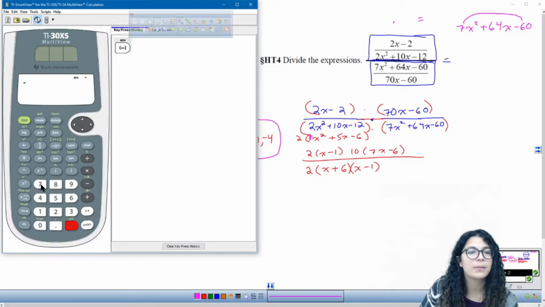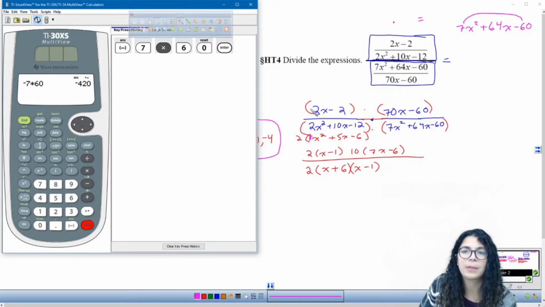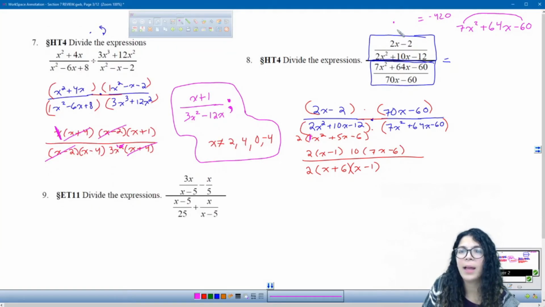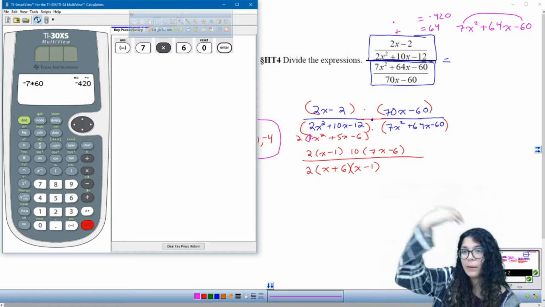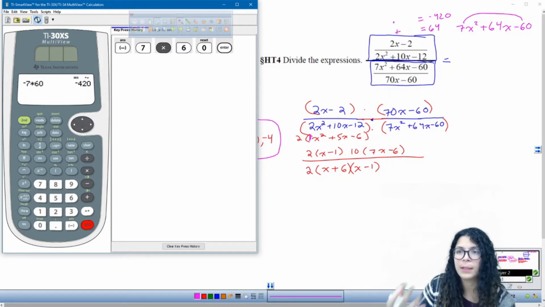Let's find 7 times negative 60. Well, negative 7 times 60 is the same thing, which is negative 420, and they have to add to 64. So remember, when you're finding the 2 numbers and you can't think of them right away, like what things multiply to negative 420 and add to 64? Probably not off the top of your head.